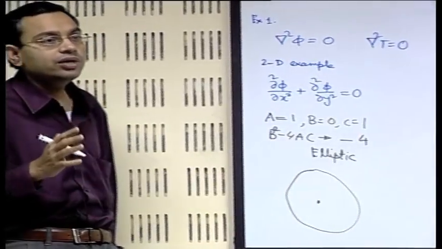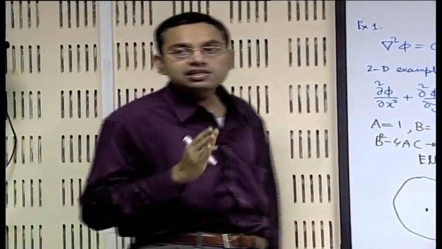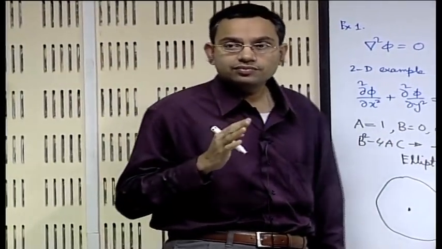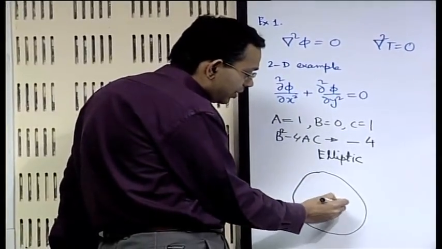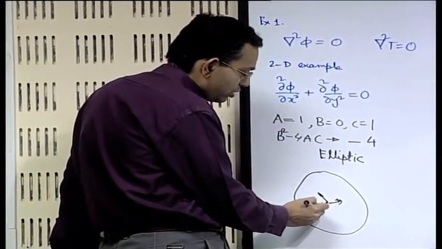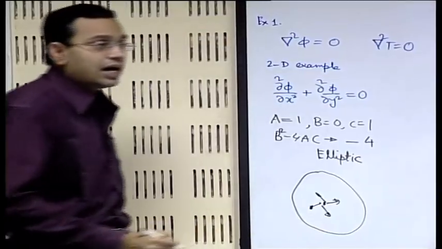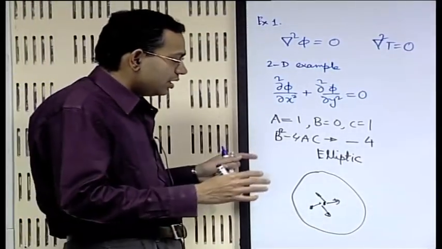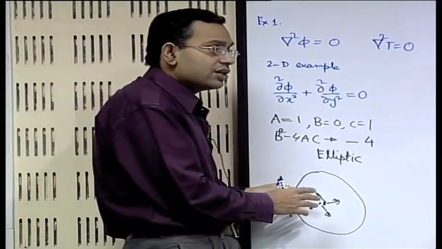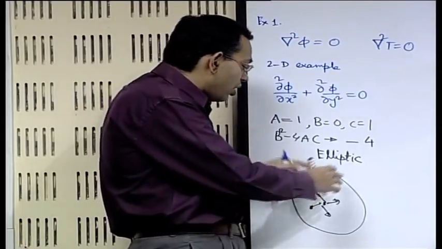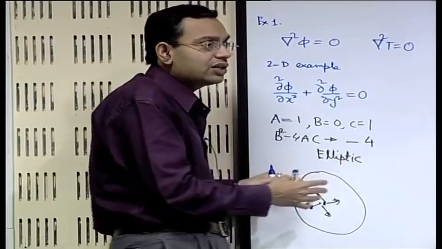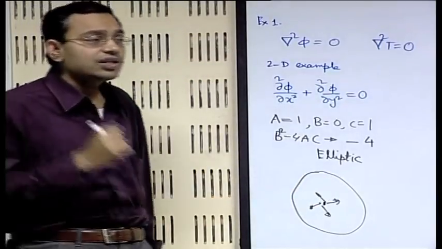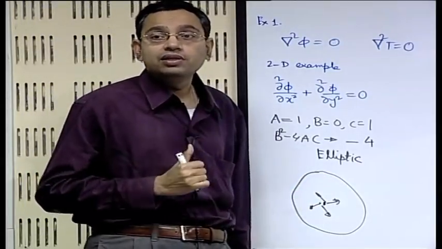That means what you are doing? You are disturbing the initial temperature profile. So, once you are disturbing it, this disturbance will propagate to other points in the domain, and when it is elliptic, this disturbance propagates at all directions inside the domain, towards all directions inside the domain, and it does so at infinite speed.